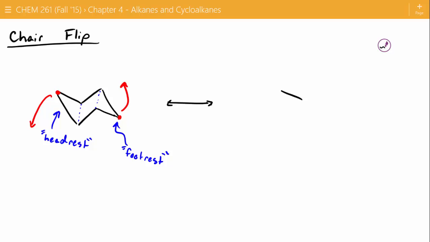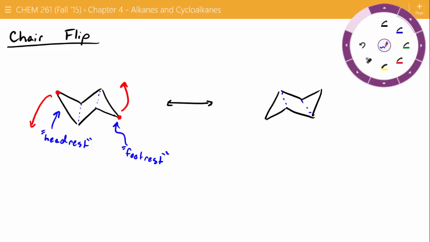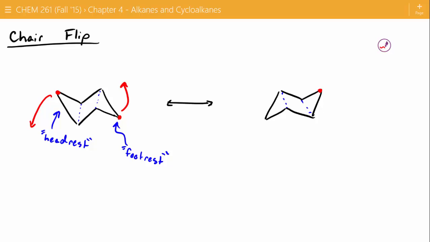Oh man, it's been a while since I've drawn these. Let's make sure I can do this. There we go. So can you guys see how our footrest, which was on the right-hand side, went from being in the down position into the up position? And then this one's now in our down position.